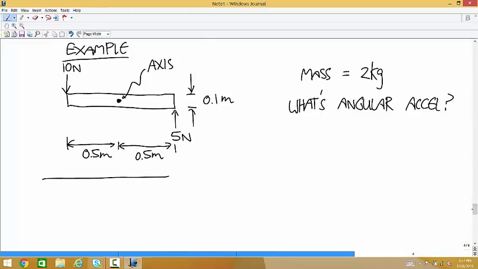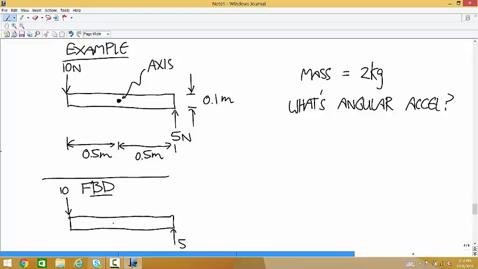Okay, so the first thing I'm going to do is draw a free body diagram. We have a downward force of 10, an upward force of 5, and then we also have the weight. With particles, it didn't matter where we put the weight because everything was assumed to happen at the same point.